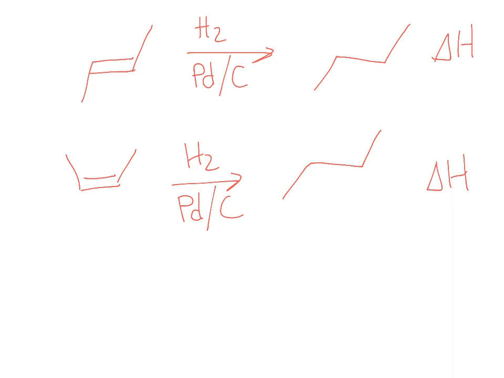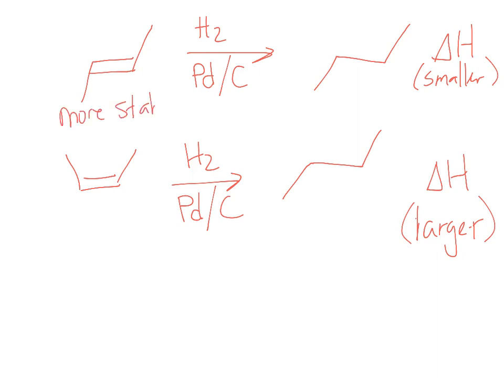If the heat released for this trans alkene is smaller than the heat released for the cis alkene, you can tell that the trans alkene must have been more stable to start out with.